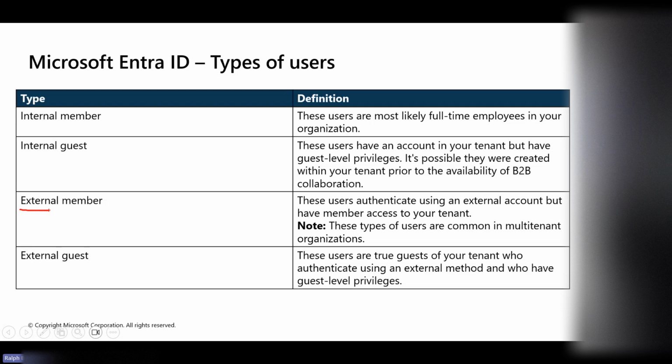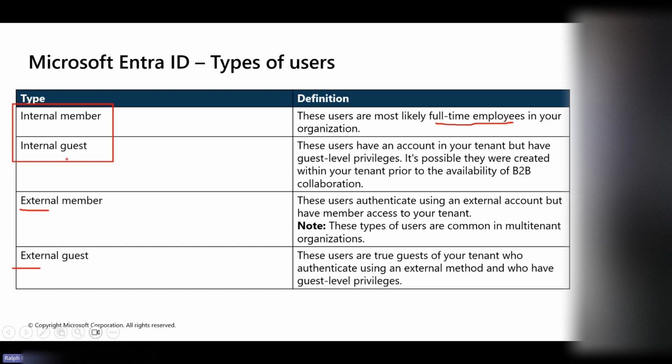It could be social media accounts, as an example. They are considered guests. The internal users are the ones that are created inside of your tenant, in our case Contoso. You think of those internal members as being full-time employees for the organization.